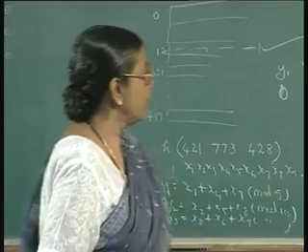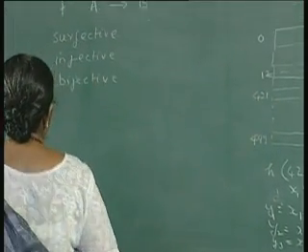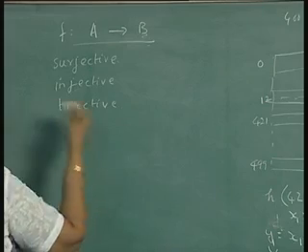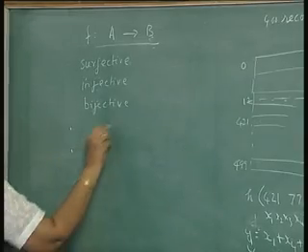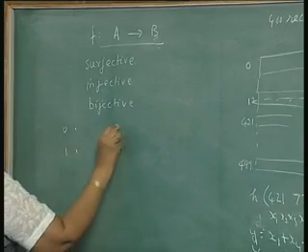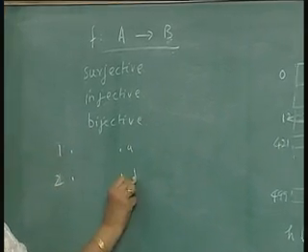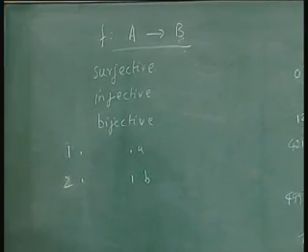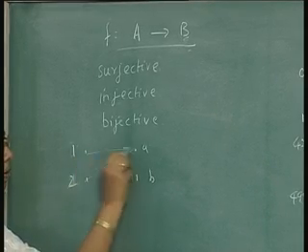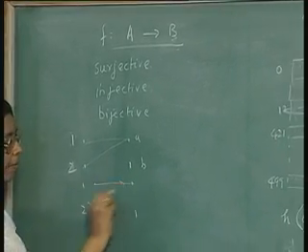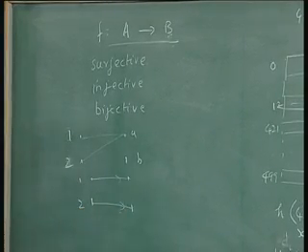Now, we have two sets A, B, say, and a function from A to B. There can be several functions. For example, I will just take two examples, 1, 2 and A, B. Then I can have a function where these two are mapped down to A. I can have a function where this is mapped to this, and this is mapped to this, like that.